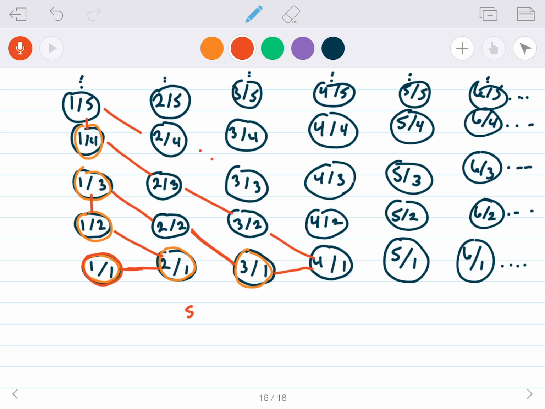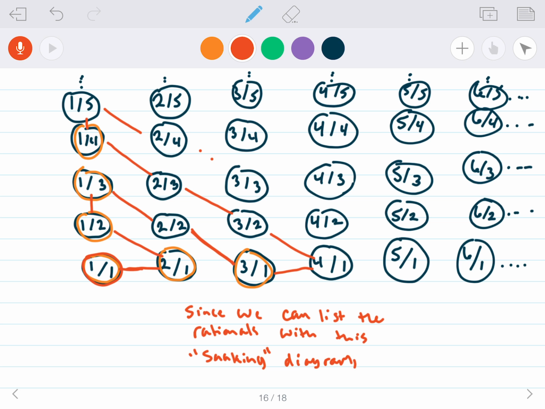And so, since we can list the rationals with this snaking diagram, Q plus is in bijection with the natural numbers. Remember that being in bijection with the natural numbers just means that you can list these, and you can list them just as I was listing them before.